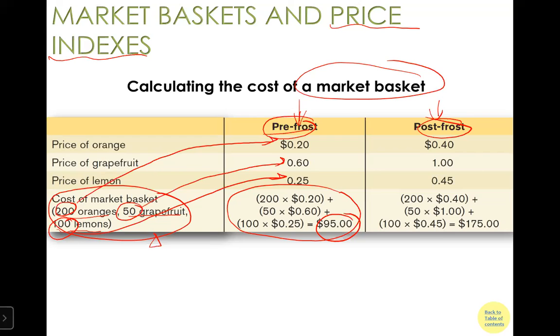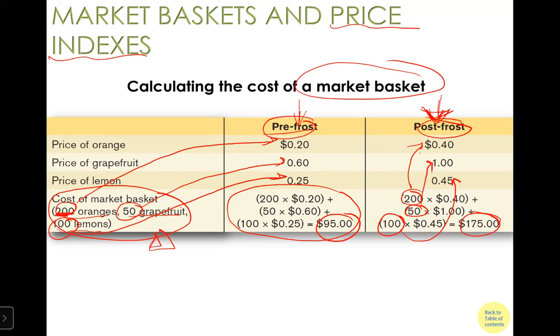Now, similarly, we can find out the cost of this same basket after the frost. So now we use quantity 200 times the price here, 50 times the price here, 100 times the price here.